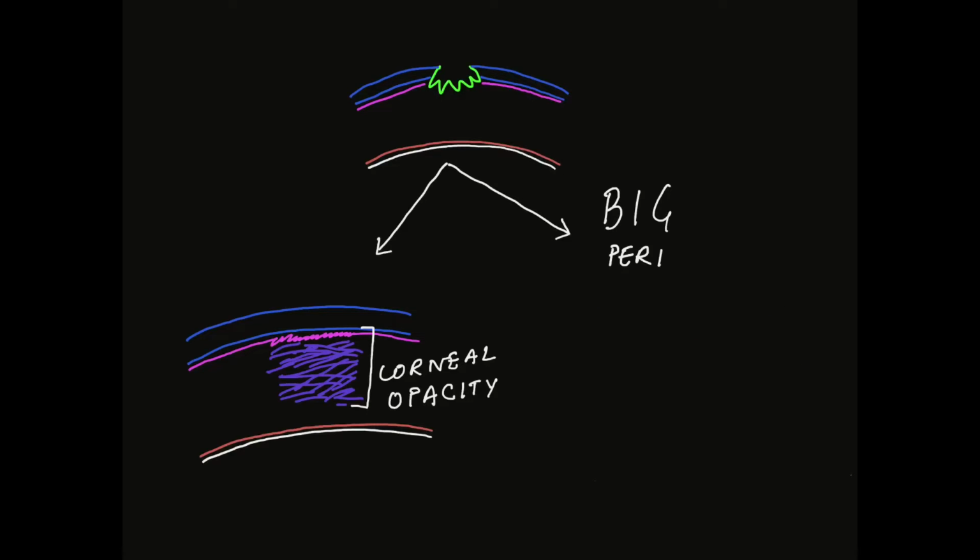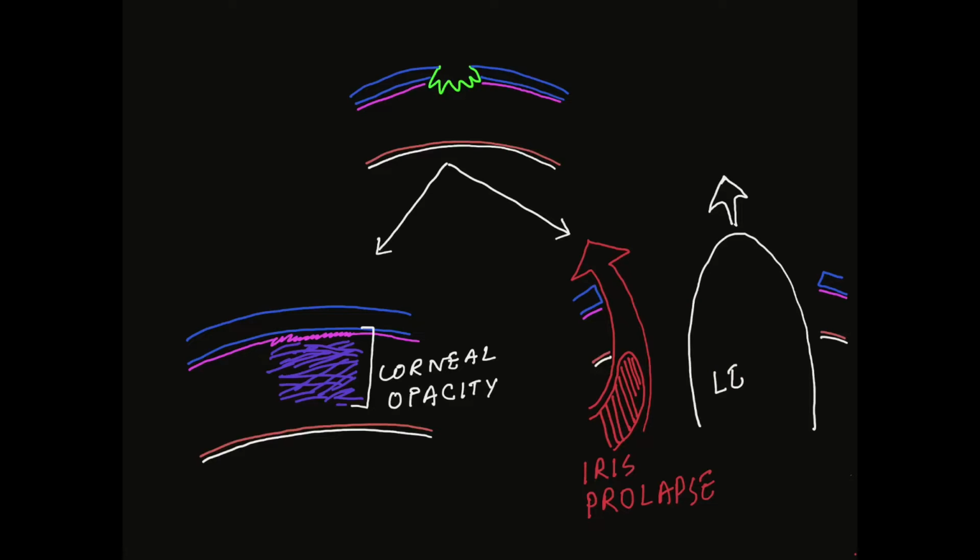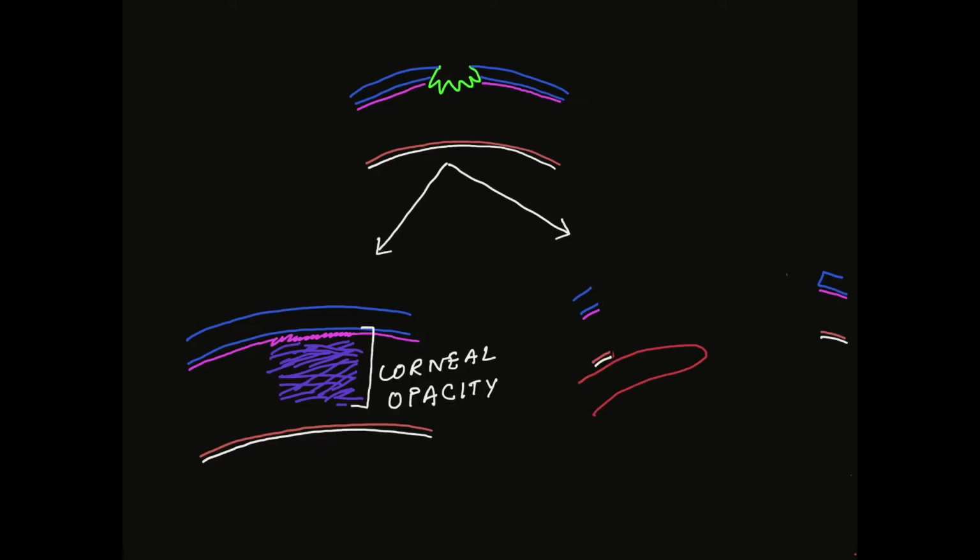But what happens if there is a big perforation? Whenever the perforation is big enough, the iris will actually prolapse through it. Sometimes the lens may also. But there is a condition in untreated corneal ulcer.